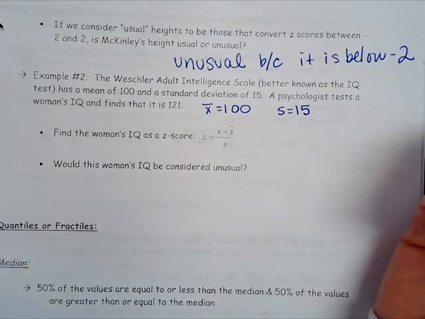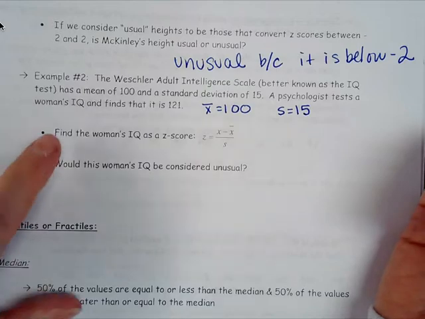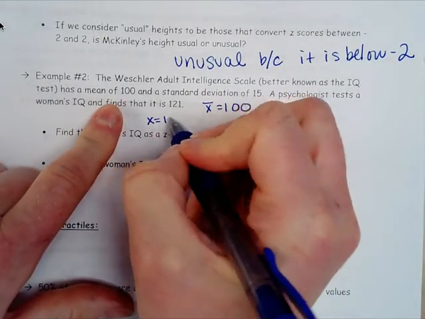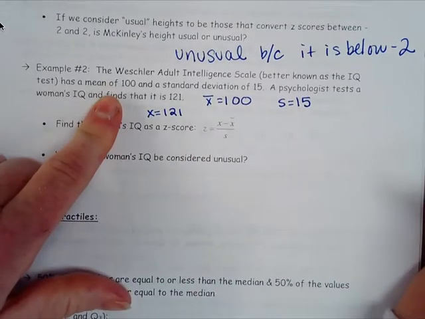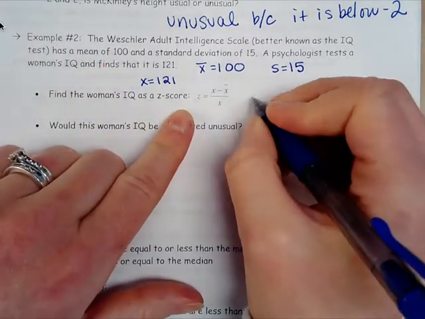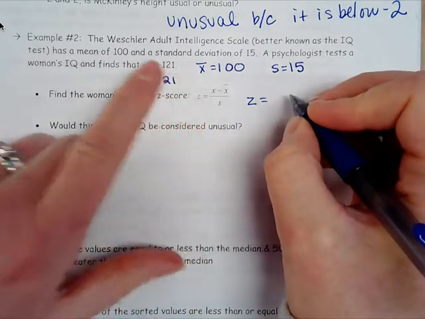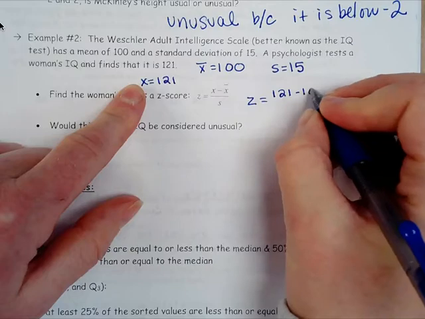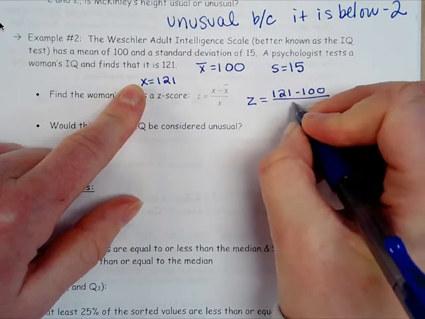Find her z-score. So x is 121, that's our sample value. Our z-score is found by subtracting, 121 minus 100, and dividing by 15.